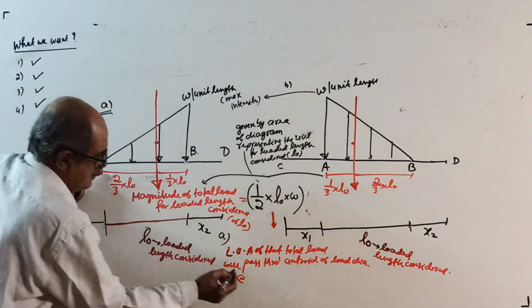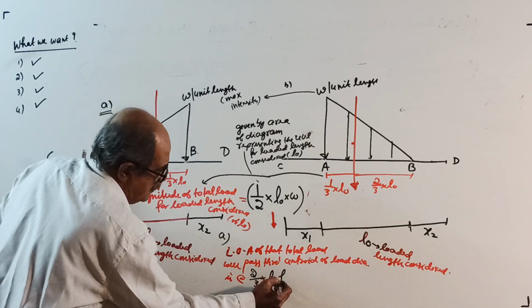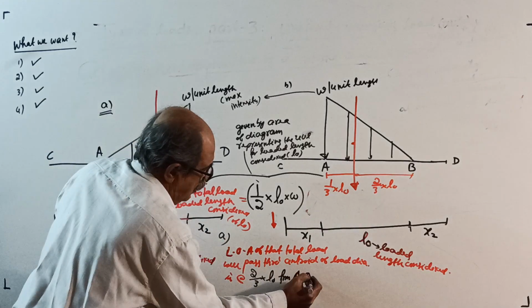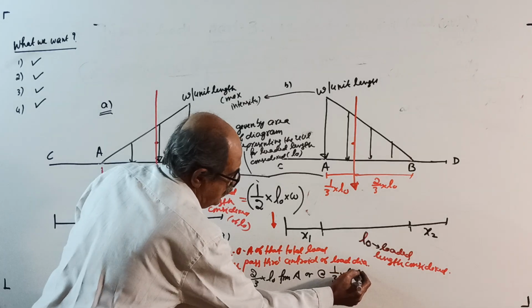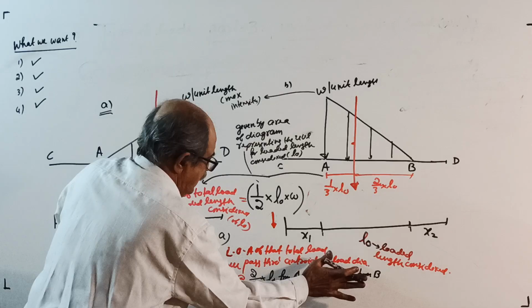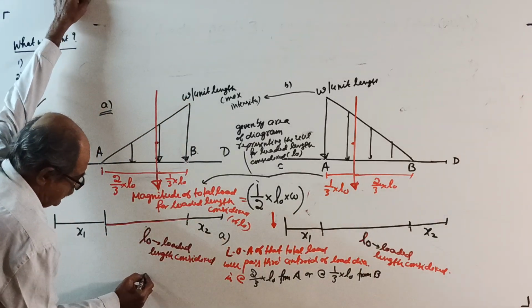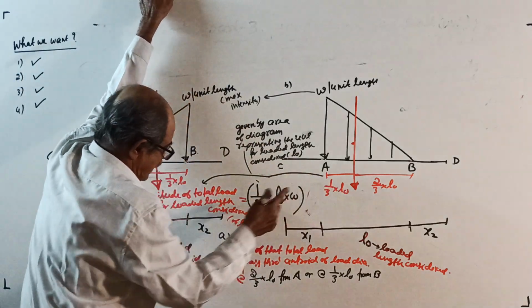That is at 2 by 3 of L naught from A, or at 1 by 3 of L naught from B. That statement you write here. Then for this one the statement is required, I'll remove.